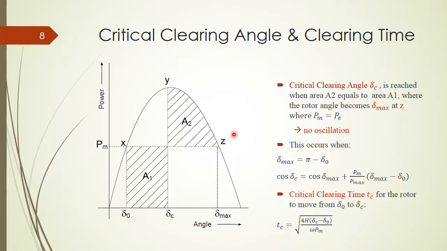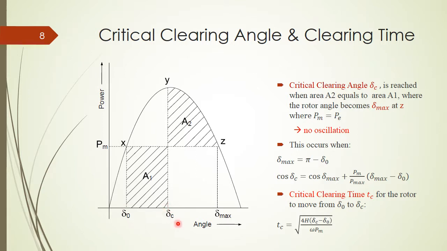So this occurs when we adjust the delta 1 in the middle to be delta C, which is called the critical clearing angle, so that the area A1 here will become this area A2. So this occurs when delta max is determined by this PM line, and it will be pi minus delta 0.